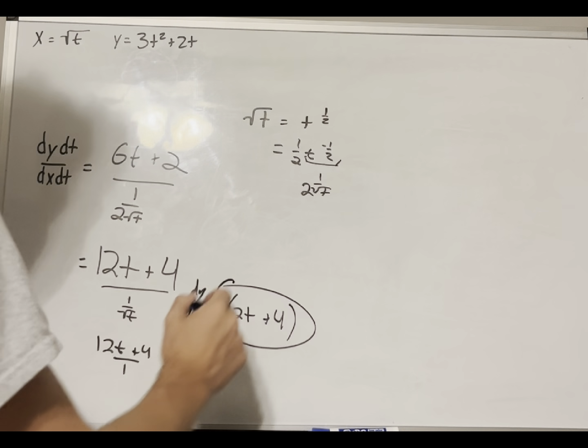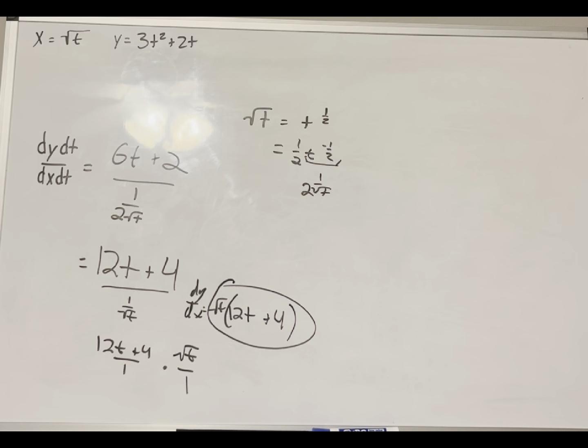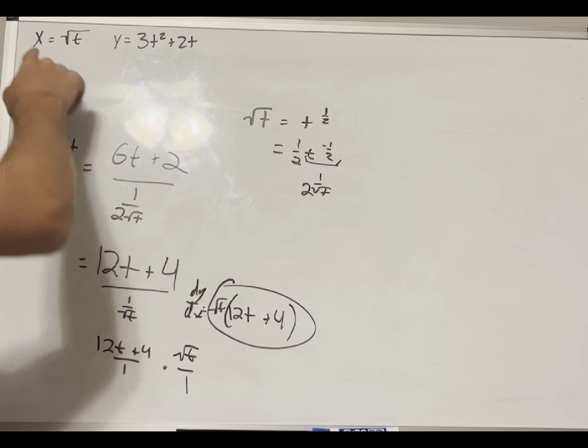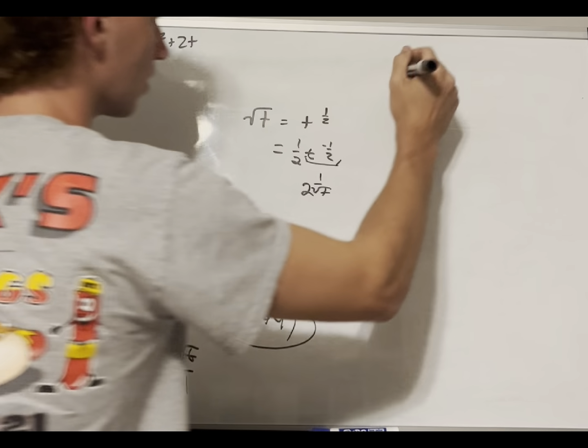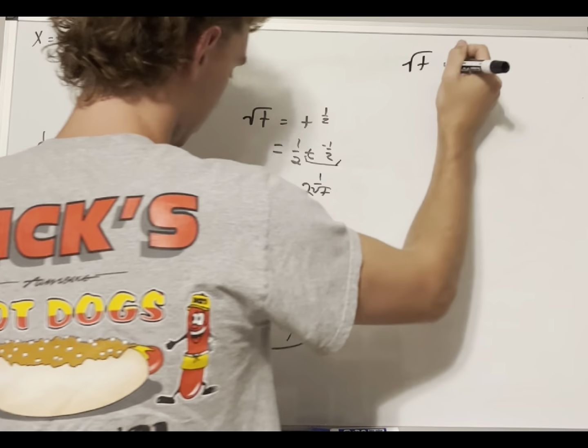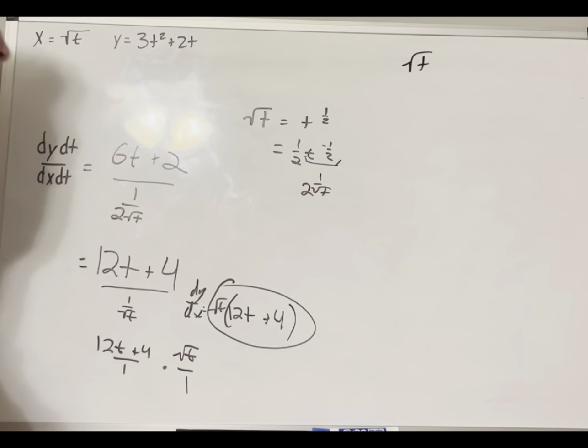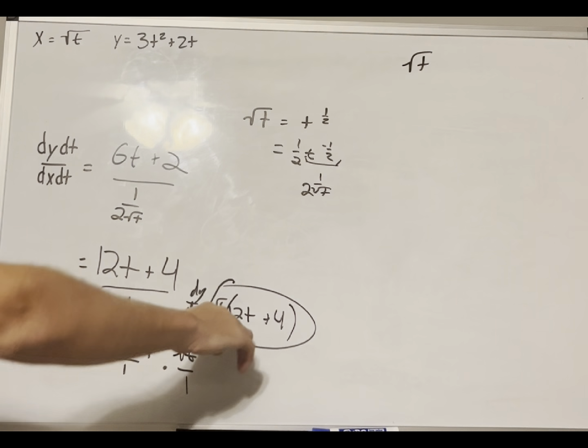So now I have to find the second derivative of this equation and then divide it by derivative of x to anchor it down, make it parametric. So you take root t, well, to do this, you're going to use the product rule.